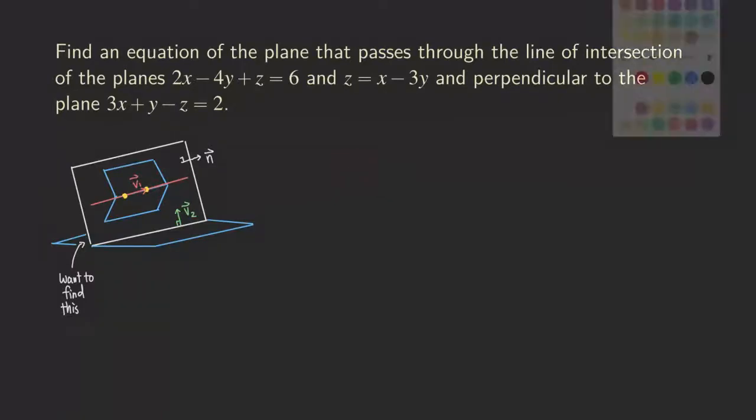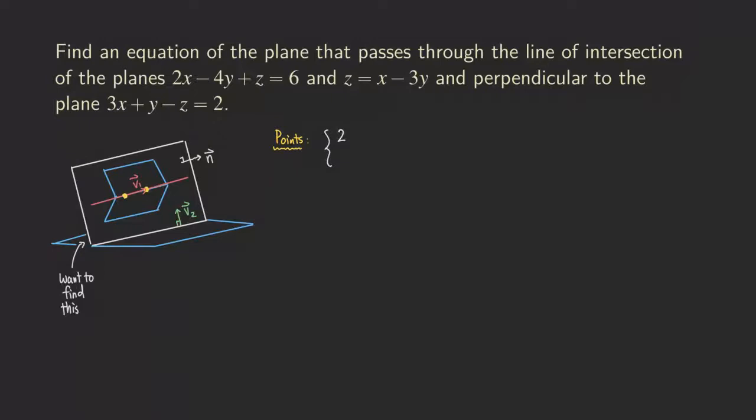Let me put down the information here. I want to put down a template so that you can follow. So, find the points. Then you may say, how do we find the points? We just substitute z equals x minus 3y into this one right here. If you look at the system of 2 equations, 2x minus 4y plus z is equal to 6, and the other one is z is equal to x minus 3y.